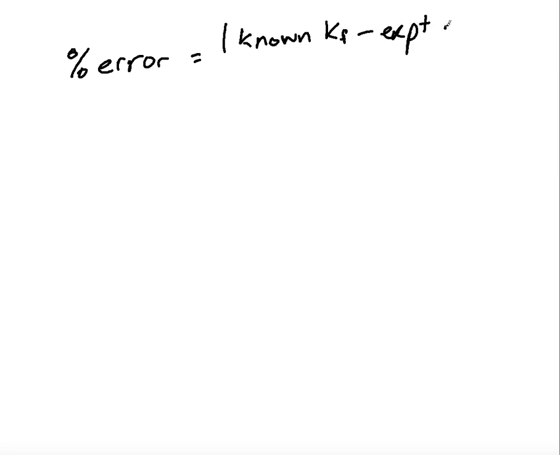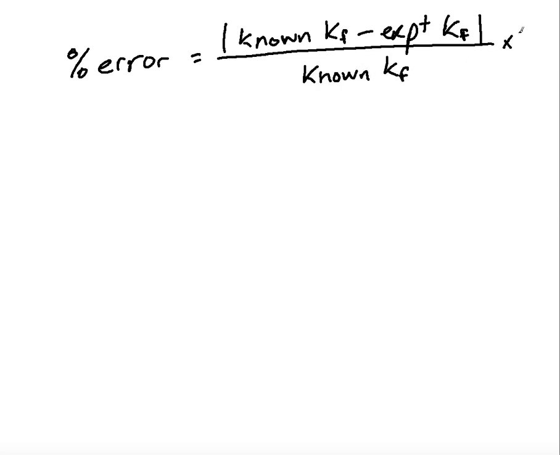And the way we work this out, the percent error, if you will, in the Kf values is going to be the absolute value of the known Kf minus the experimental Kf. And that's going to be the absolute value there, divided by the known Kf.